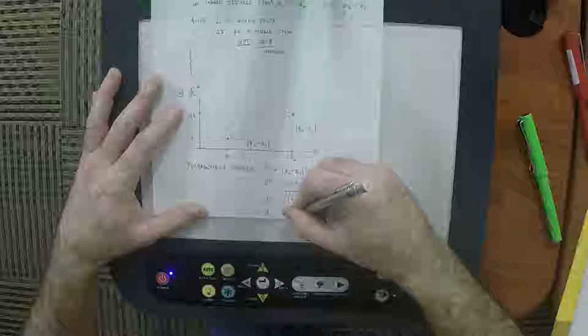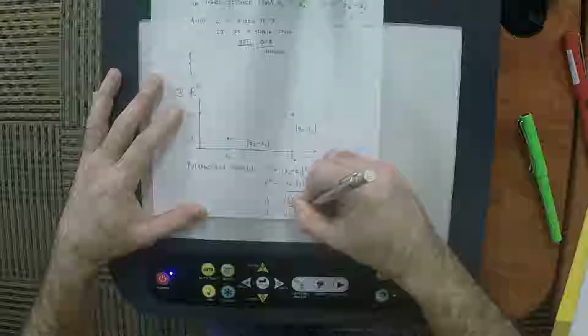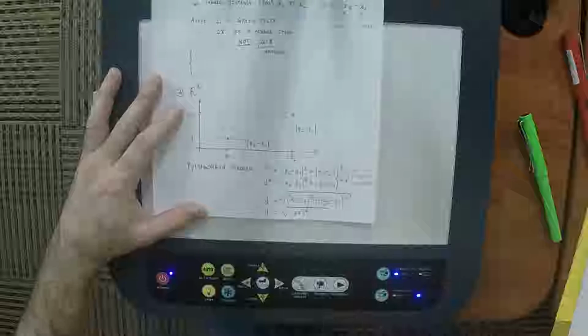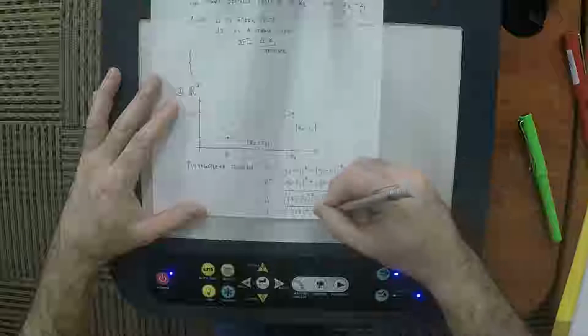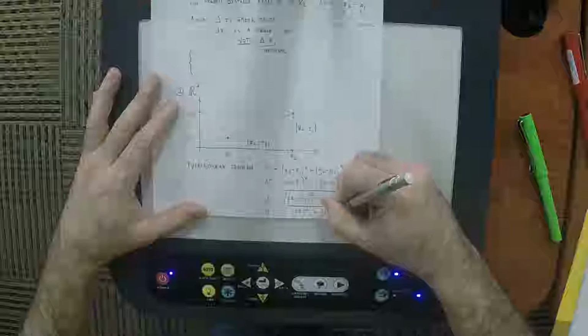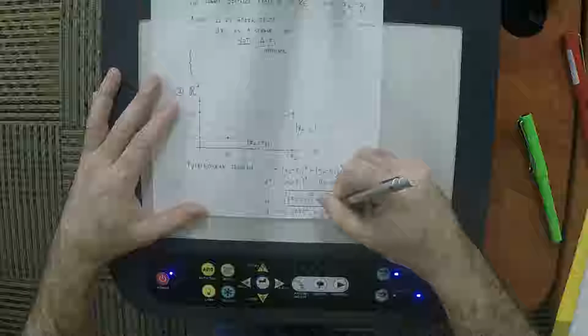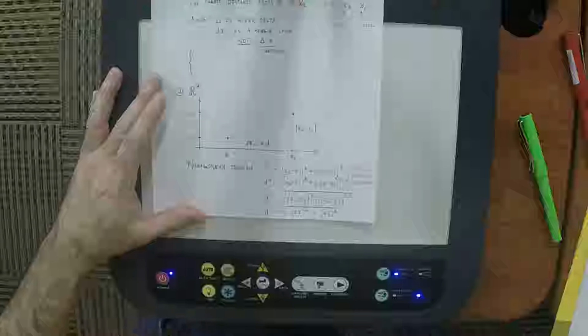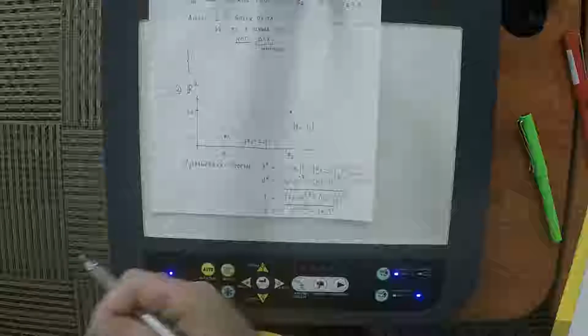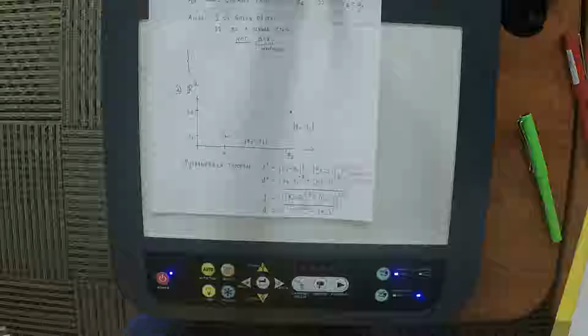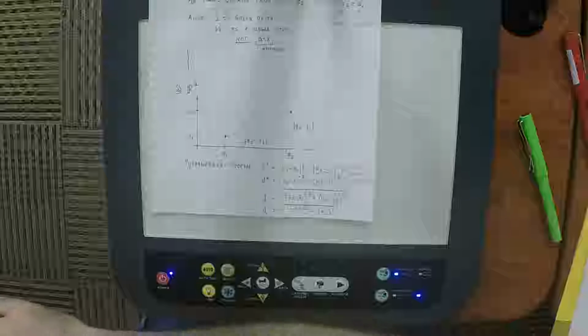I could say that this is delta x squared. Little nicer on the eyes. And then what could I write for the other one? Delta y squared. At any rate, this formula, the distance formula, is something that from now on is assumed to be committed to memory.